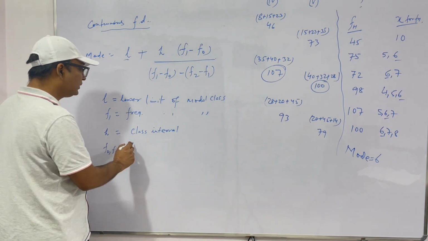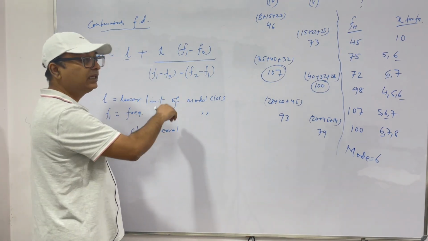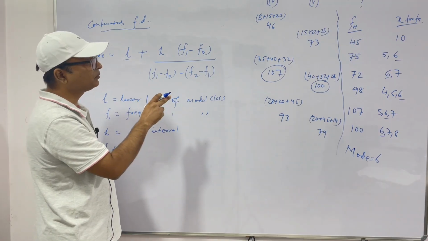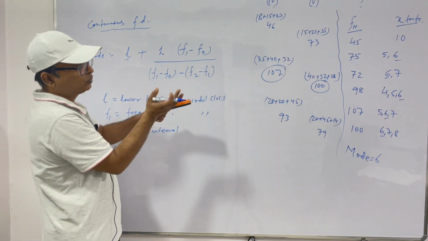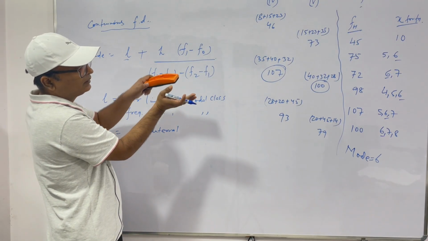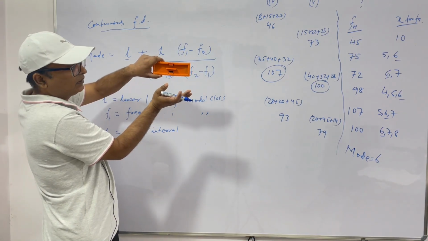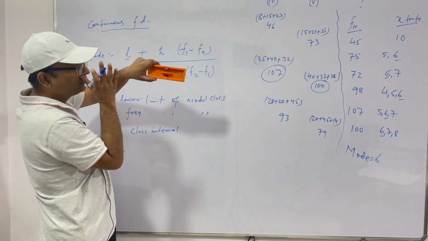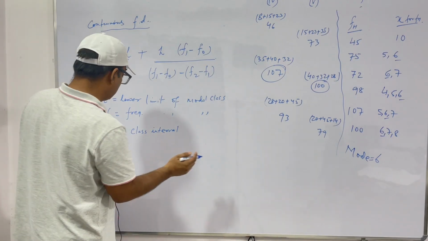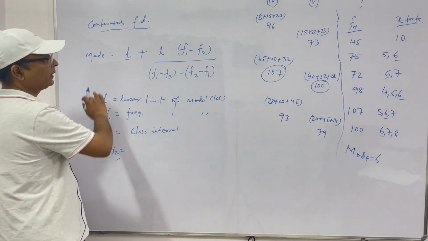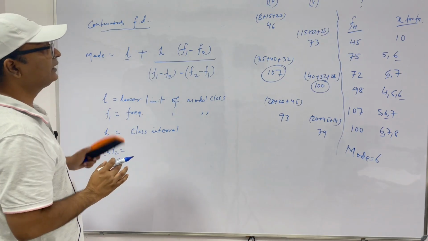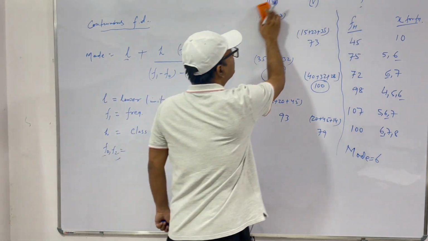F0 is the frequency preceding the modal class and F2 is the frequency succeeding the modal class. That is, the frequency just before and just after the highest frequency are F0 and F2. So this is the formula. Let's see an example to understand this.